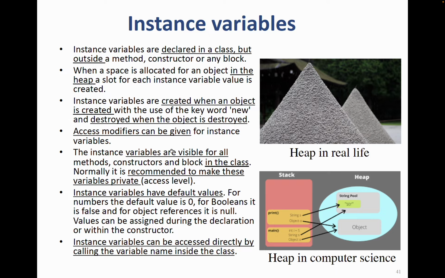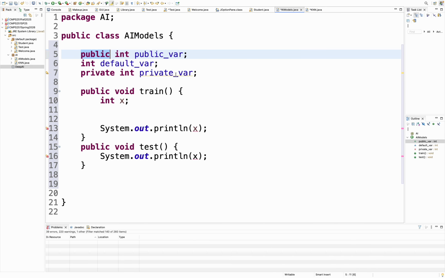Let me check if I missed anything. Yeah, instance variables also have default values. So when I try to print this public var, I won't get any error because it has a default value. If it is an integer, it is 0. If it is Boolean, it is false. If it is an object, it's null. At least it has some value, so you won't get any error.